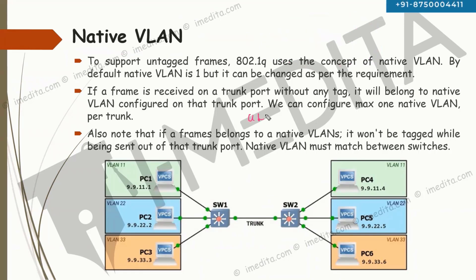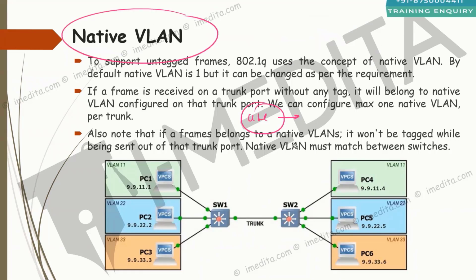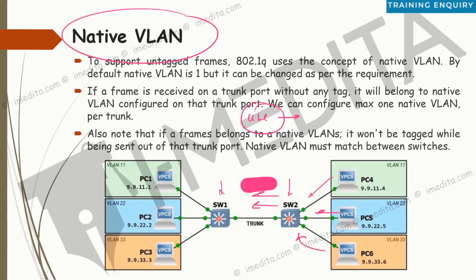Now, what is the use of this native VLAN? Why do we use this native VLAN concept? For what type of traffic do we not want the switches to add a tag? Data traffic can be tagged, no problem.